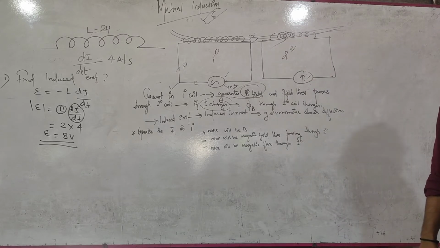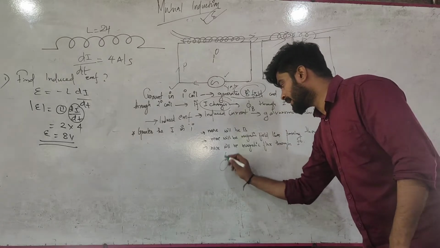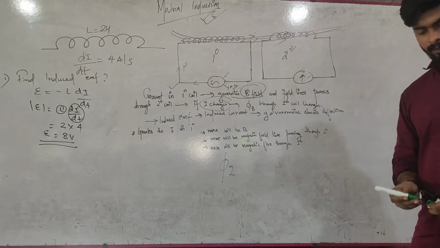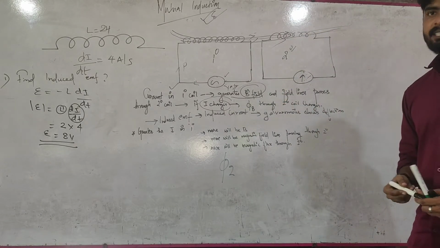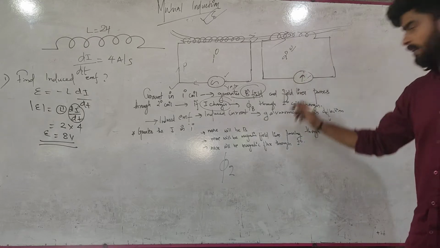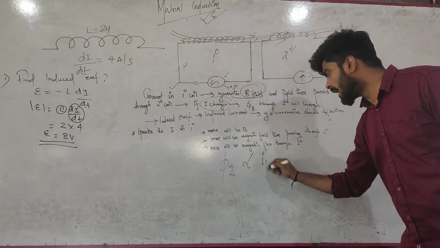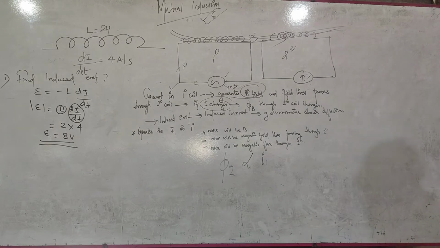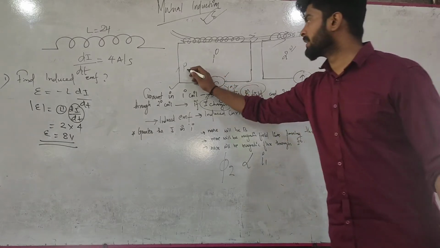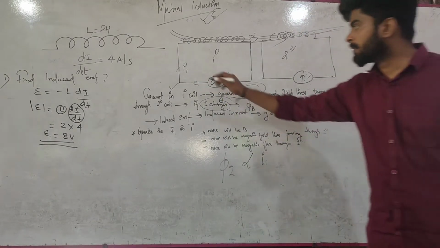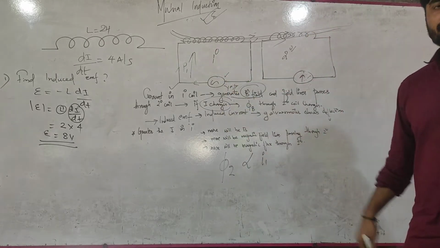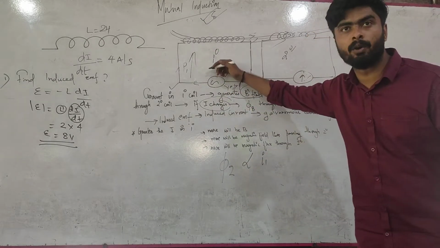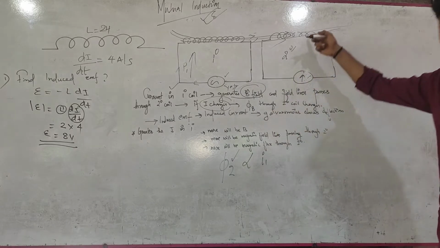Is it clear? So can I say the magnetic flux in the second coil, which is phi 2, is directly proportional to I1? I1 is the current in the primary coil. If I am increasing I1, if I am increasing the amount of current in the primary coil, can I say more magnetic flux will be there in the secondary coil?